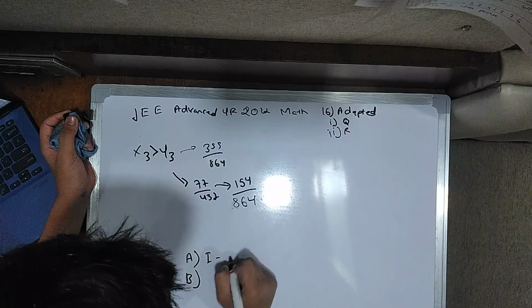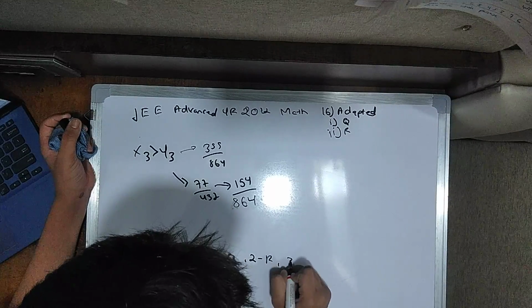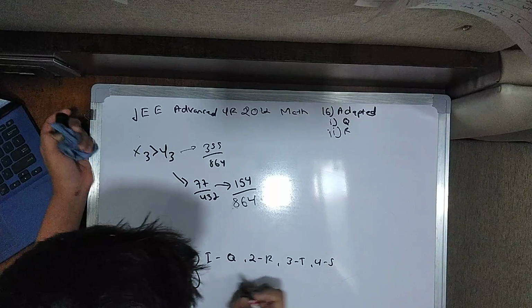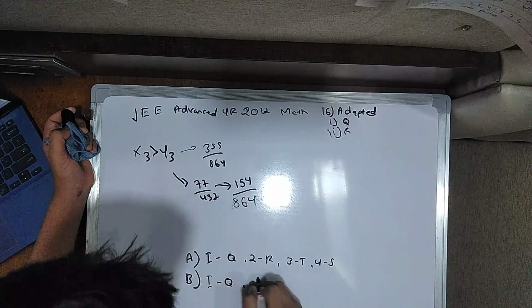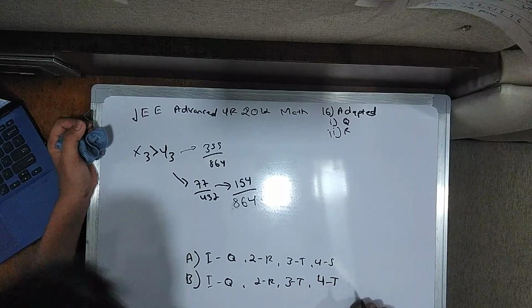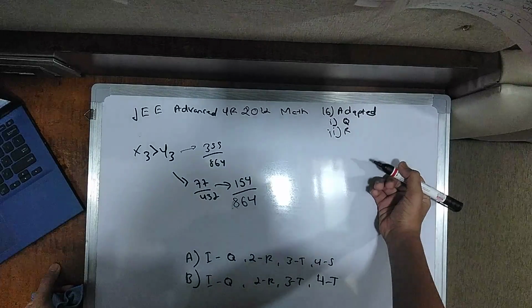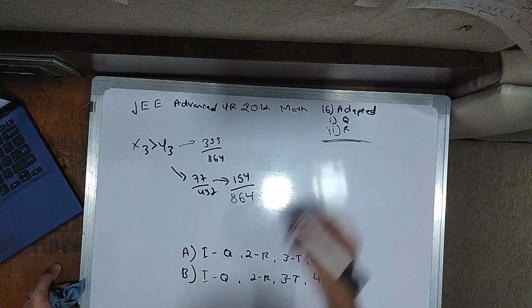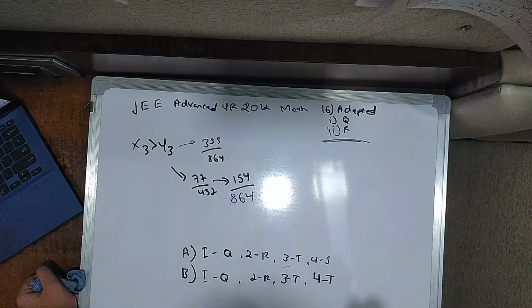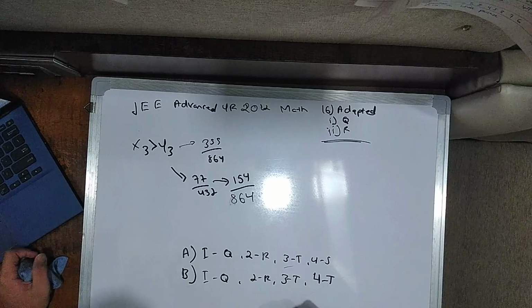A says 1 is Q, 2 is R, 3 is T, and 4 is S. B says 1 is Q, 2 is R, 3 is T, and 4 is also T. Here we've clearly stated 1 is Q, 2 is R, so these are the only two correct ones. 3 is T in both cases, so 3 has to be T.